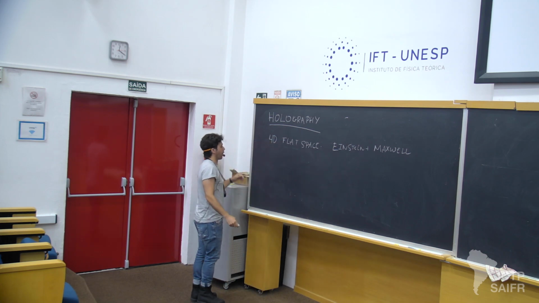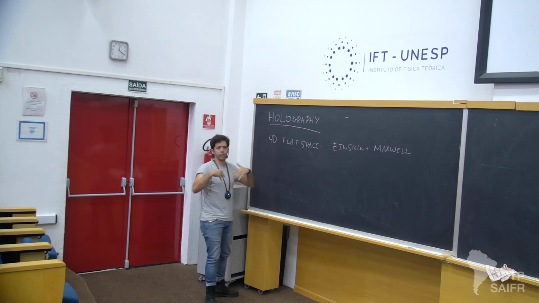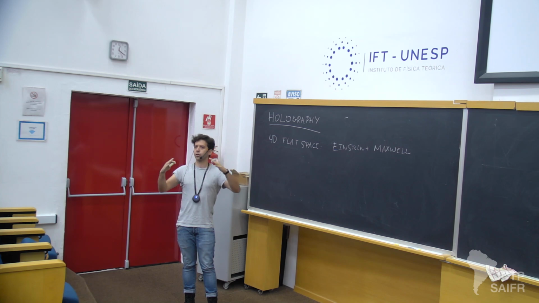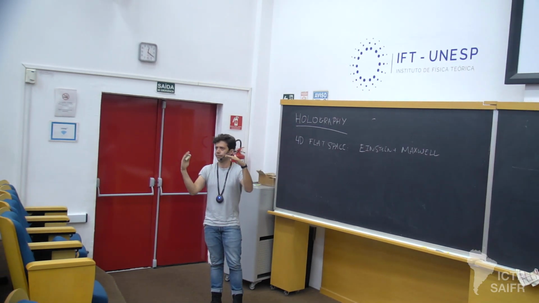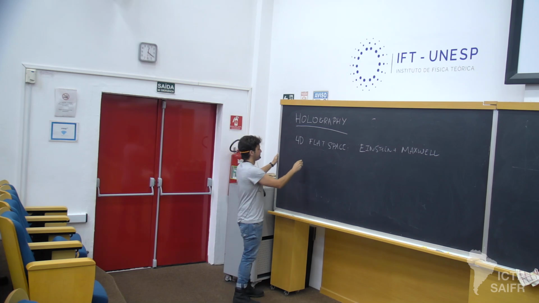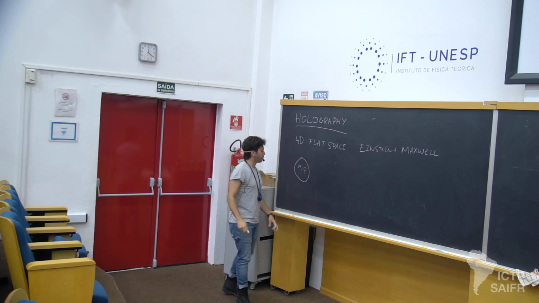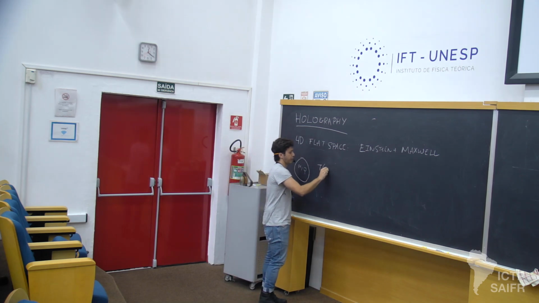And one of the first examples of a black hole with a non-trivial causal structure is the Reissner-Nordstrom black hole. It has mass m and charge q. And these black holes have a temperature, which is a function of m and q.